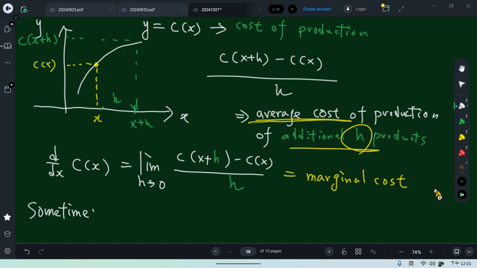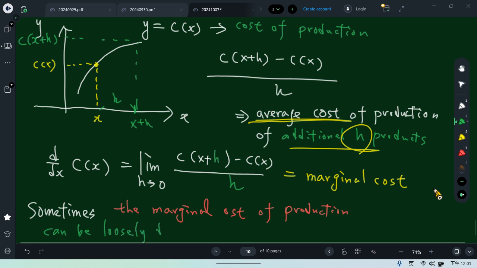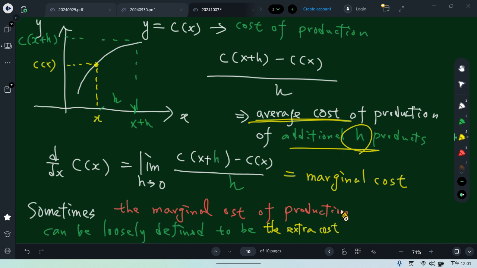So sometimes the marginal cost of production can be loosely defined to be the extra cost of producing one unit.